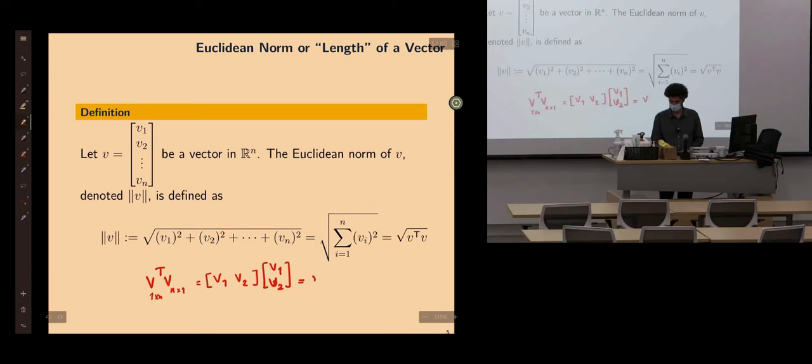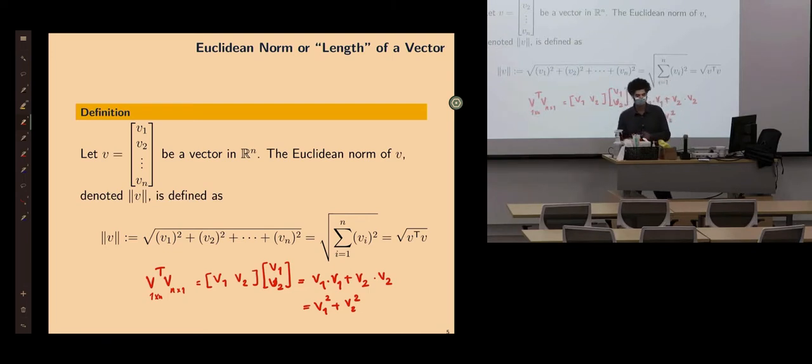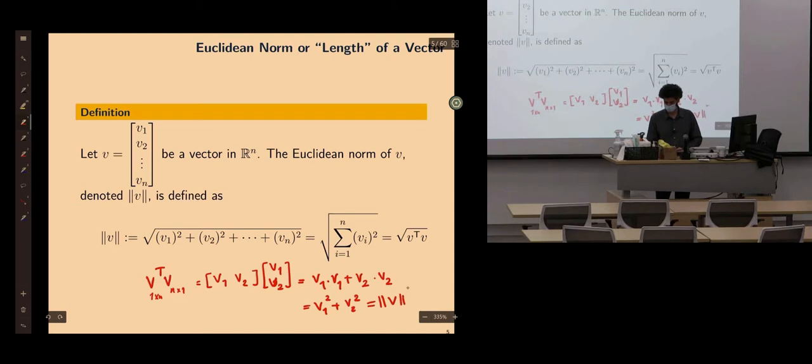So it will give us V1 times V1 plus V2 times V2, which is V1 squared plus V2 squared. So when you take the transpose of the vector and multiply it by itself, it gives you this form of squaring each entry and then adding them up. Going by the definition that we have, this is the squared version of that norm. You take the square root of it, and that's the norm, or length.